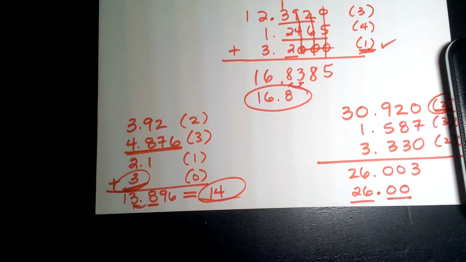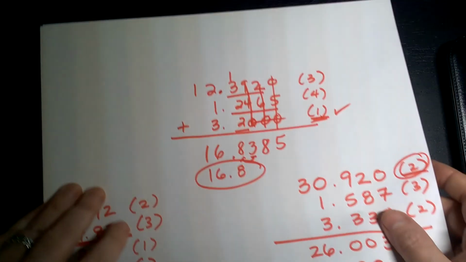Okay, so now we're going to talk about when you multiply and when you divide. Totally different. Okay, so that's add and subtract. Multiply and divide is going to use a different rule with significant figures.